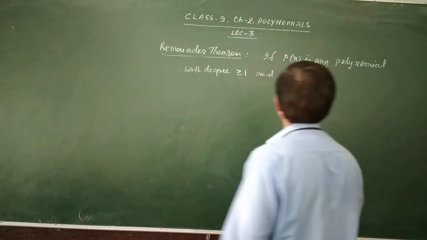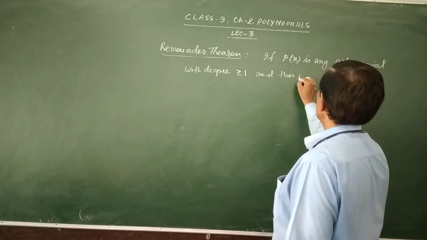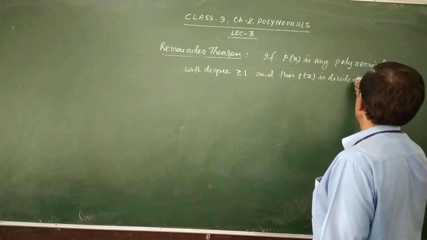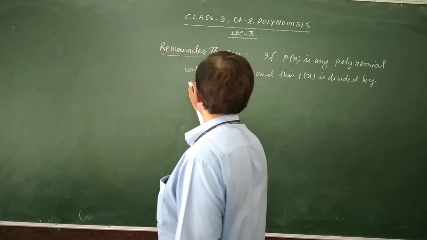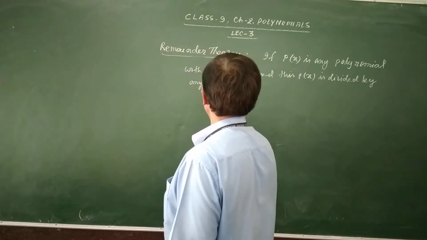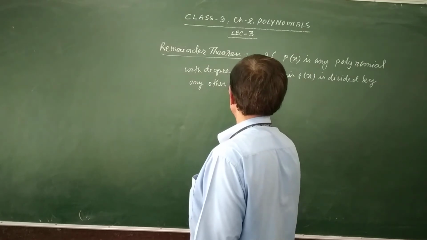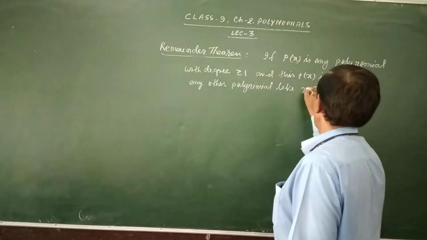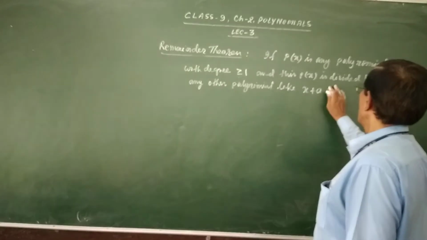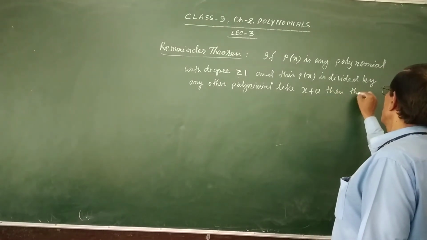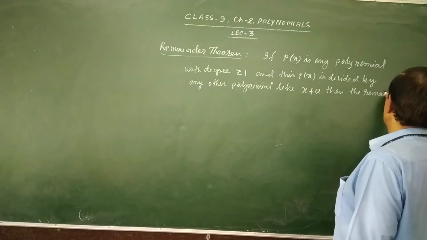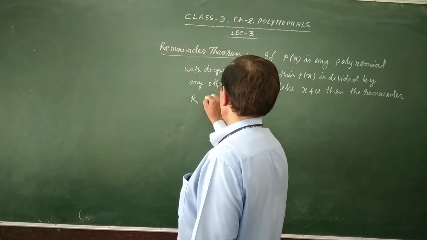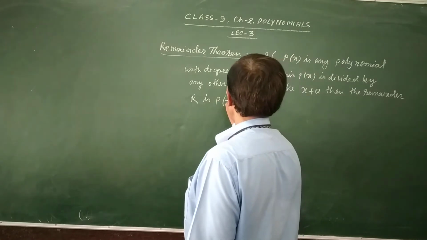And this p(x) is divided by any other polynomial like x plus a, then the remainder r is p of minus a.